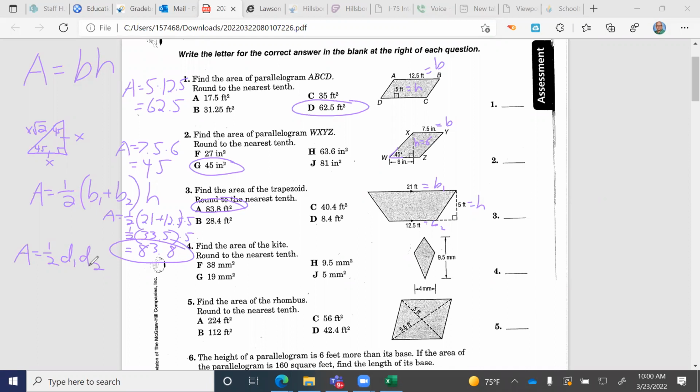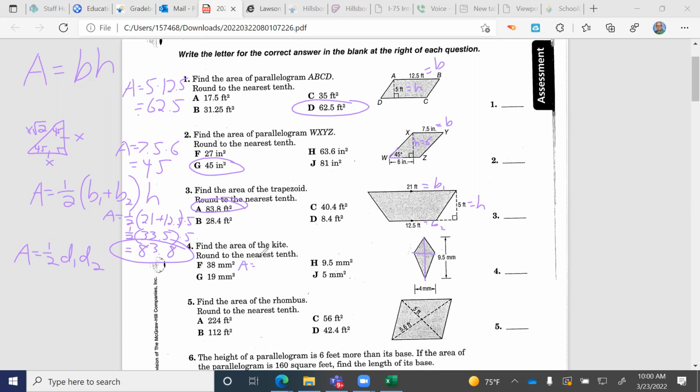Well, not distance. D1, D2 stand for the diagonals. Now, you know the length of those diagonals? Yeah, they label them on the outside of the figure, and those are going to be the lengths of those two diagonals. So we know both of them. All we have to do is plug it in.